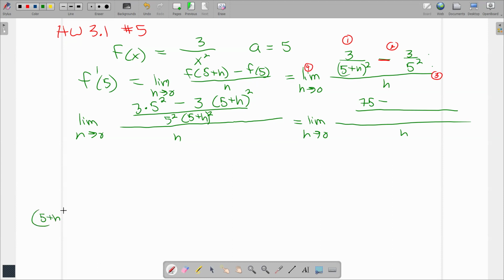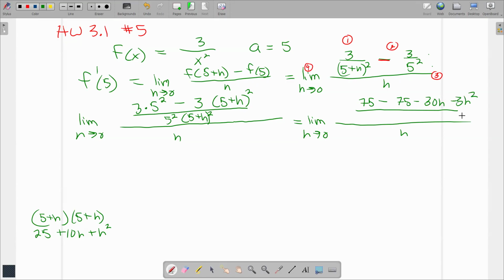You can't shortcut that. That's going to be 25 plus 5h plus another 5h, 10h plus h squared. And we need to multiply that by 3. So I'm going to have a minus 75 minus 30h minus 3h squared.